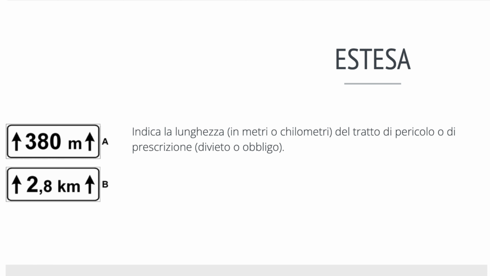So this one is indica la lunghezza in metri o chilometri del tratto di pericolo o di prescrizioni, divieto or obbligo. It's letting you know the meters you will cover before you leave that danger. You just need to drive 380 meters before you exit the danger. The first one tells you the meters you need to drive before you get to the danger, while this one tells you the meters you need to drive before you exit the danger.